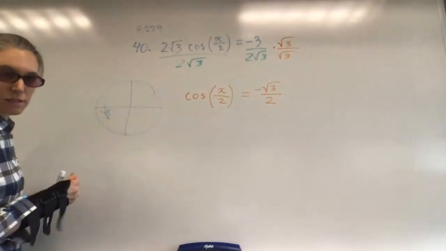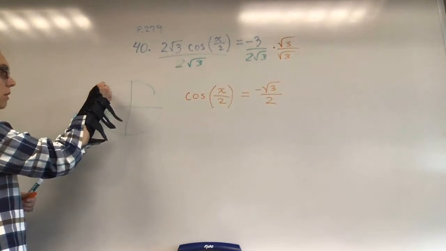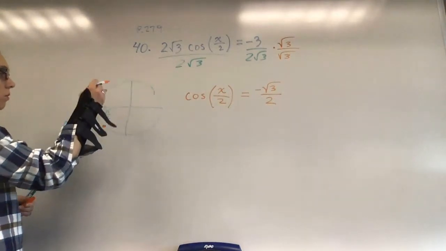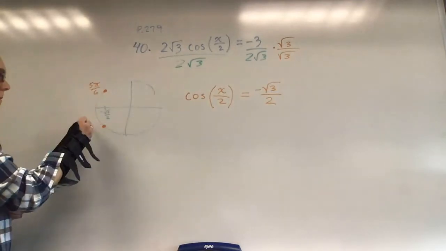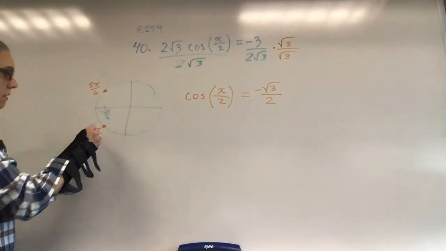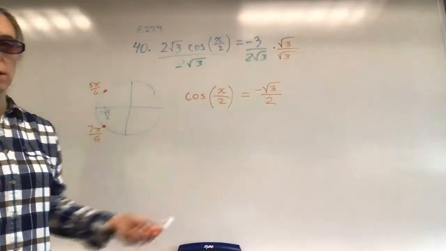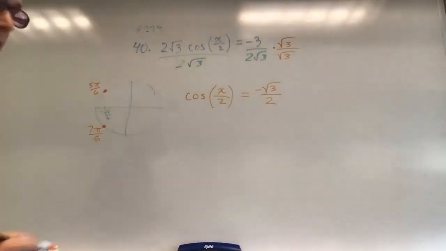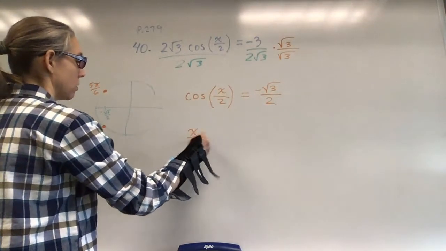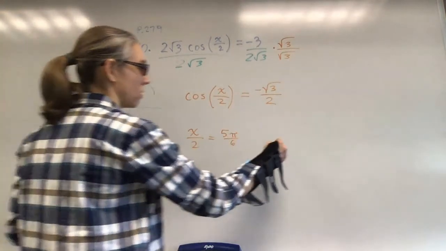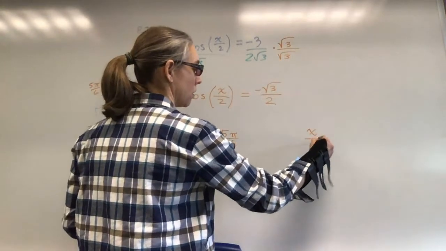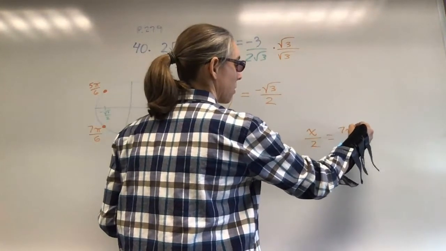And on the x-axis, going back to negative root 3 over 2, we have 2 locations: we have 5 pi sixths and 7 pi sixths, where the cosine is equal to negative root 3 over 2. So then we want to set x over 2 equal to 5 pi sixths, and then also set it equal to 7 pi sixths.